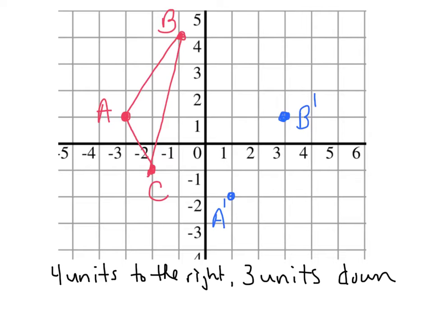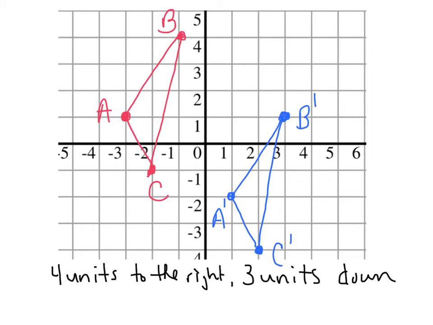And then I'm going to move point C over 4 units, 1, 2, 3, 4, down 3, 1, 2, 3. And that new ordered pair is going to be 2, negative 4. And I'm going to call that C prime. Now, if you look at both of these shapes, they're congruent. It's important to understand when you translate something, the shape is still congruent. It's the same shape.